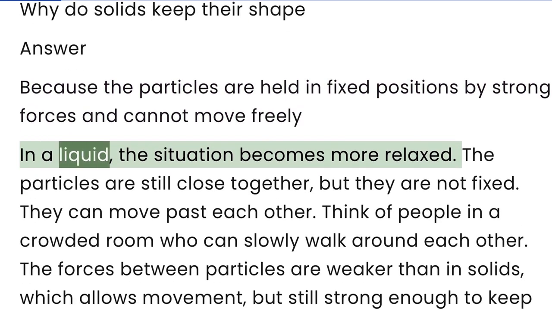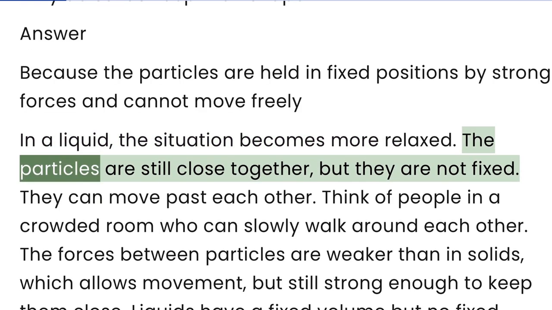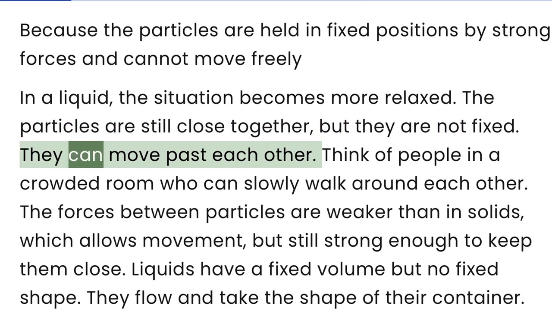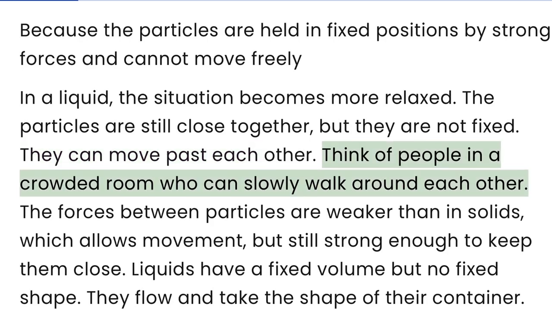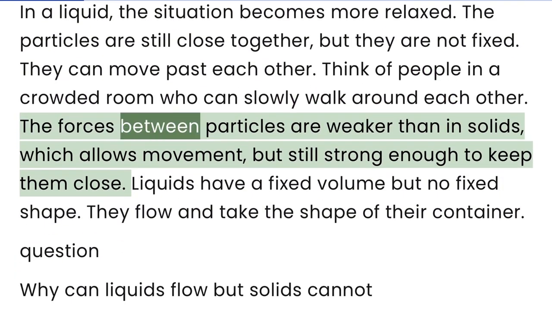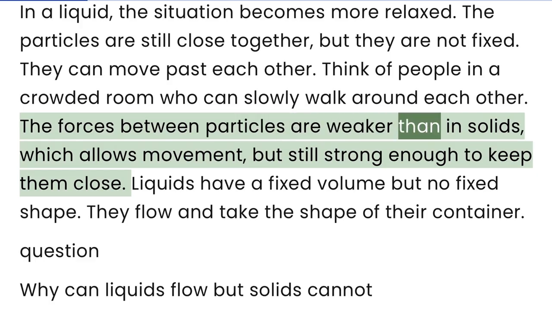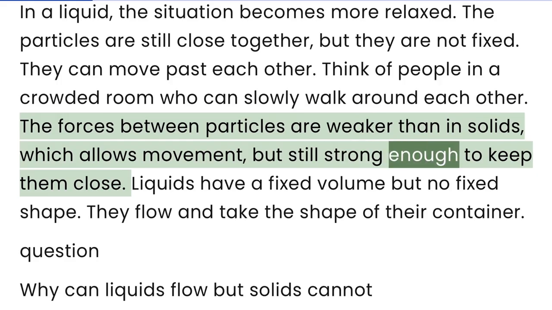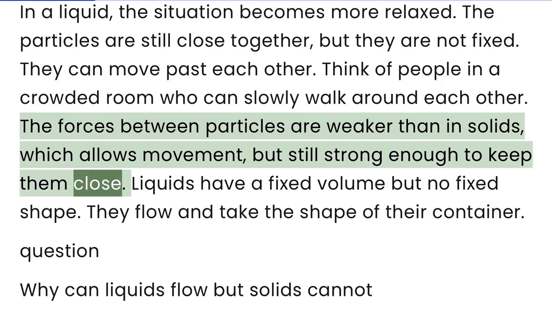In a liquid, the situation becomes more relaxed. The particles are still close together, but they are not fixed. They can move past each other. Think of people in a crowded room who can slowly walk around each other. The forces between particles are weaker than in solids, which allows movement but still strong enough to keep them close.